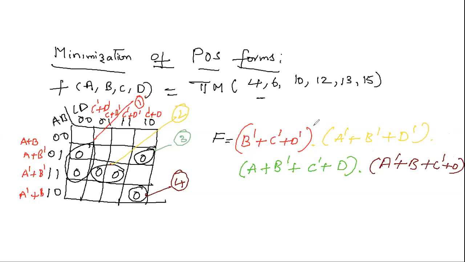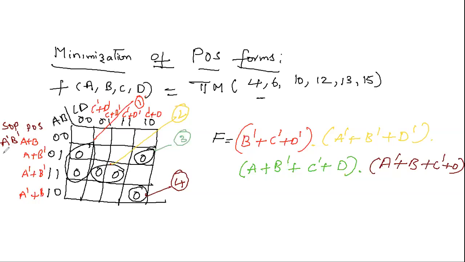This is the difference between SOP and POS forms. When the problem is given in the form of numbers, you write it the same way you followed for the SOP form. After that, you represent those terms in the form of zeros, and the grouping will be the same. But for SOP you write A complement B complement, and when you come to POS you have to write in this way.